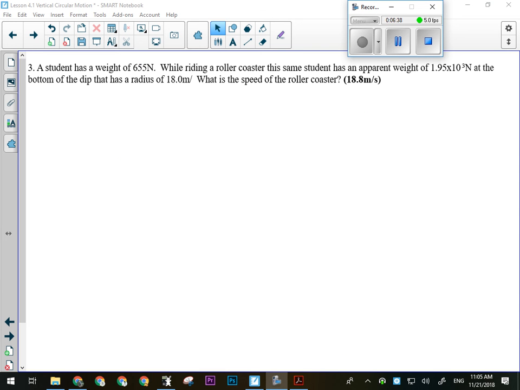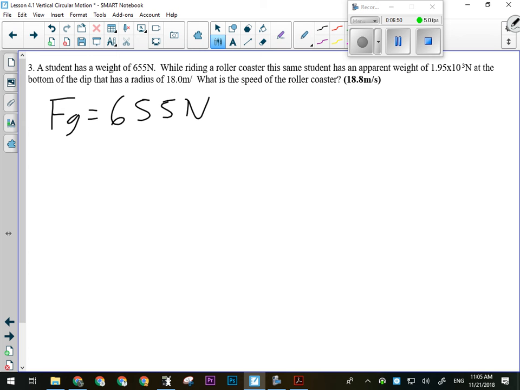Listen carefully here for number 3. The student has a weight of 655 newtons. That's the force of gravity, because that's what weight is. While riding a roller coaster, the same student has an apparent weight of 1,950 newtons at the bottom of a dip that has a radius of 18 meters.